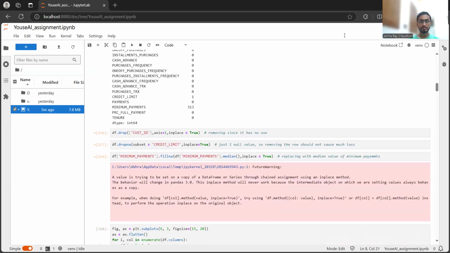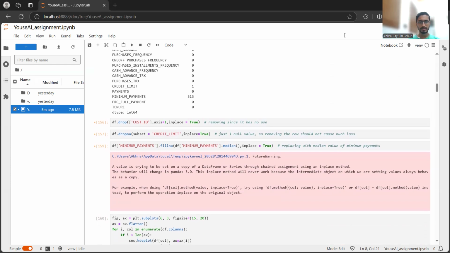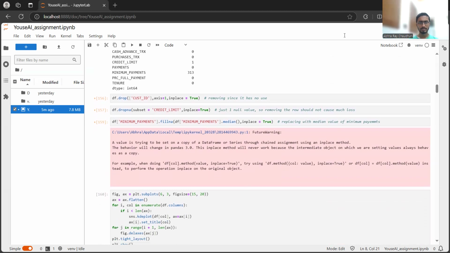So we drop the customer ID first. Then we drop that particular row where the credit limit is severe. It's only one row, so removing it will not cause much loss.